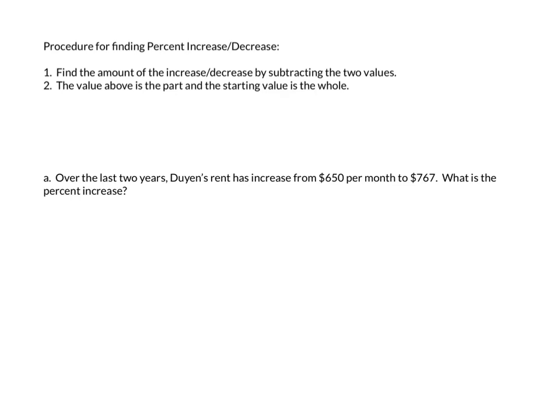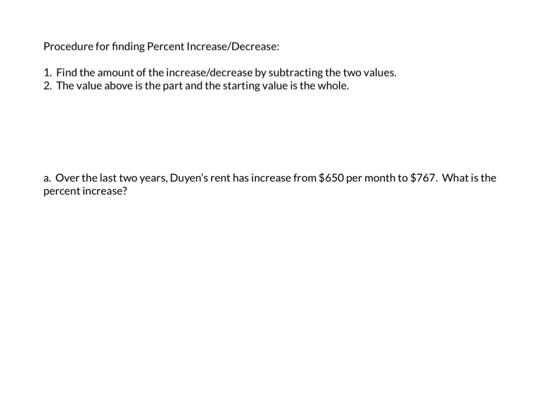We want to find the amount of the increase or decrease by subtracting the two values. When we set up our proportion, the value that we found above is going to be the part or the top number, and the starting value is the whole or the bottom number. So let's go ahead and try some examples.